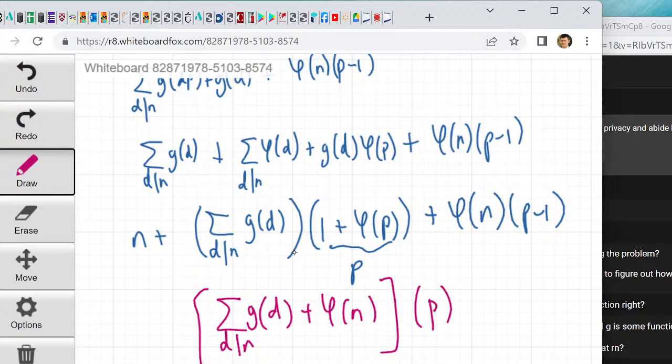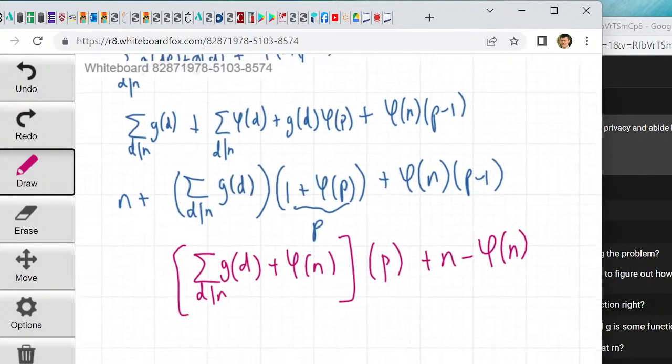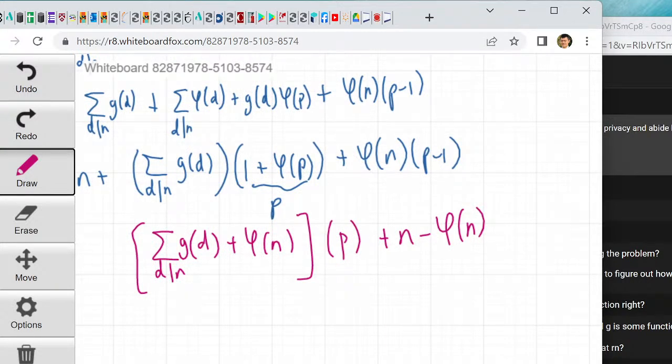We only had P minus 1 phi N's, so that's a minus of phi N here. Which is kind of inconvenient. If it just worked out without that, it would be much better.